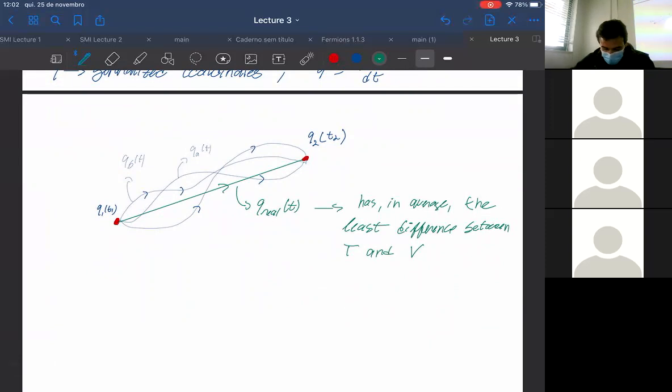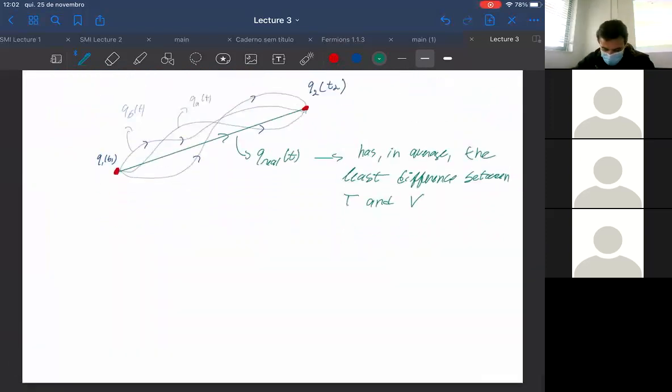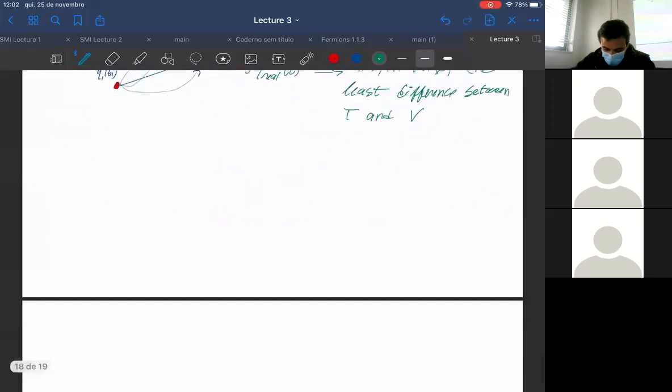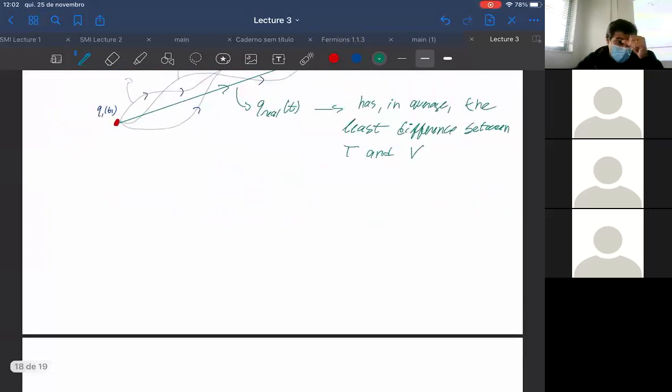Right, but now, so this was a nice discussion, but let's consider an infinitesimal shift of the real trajectory. So, infinitesimal shift.